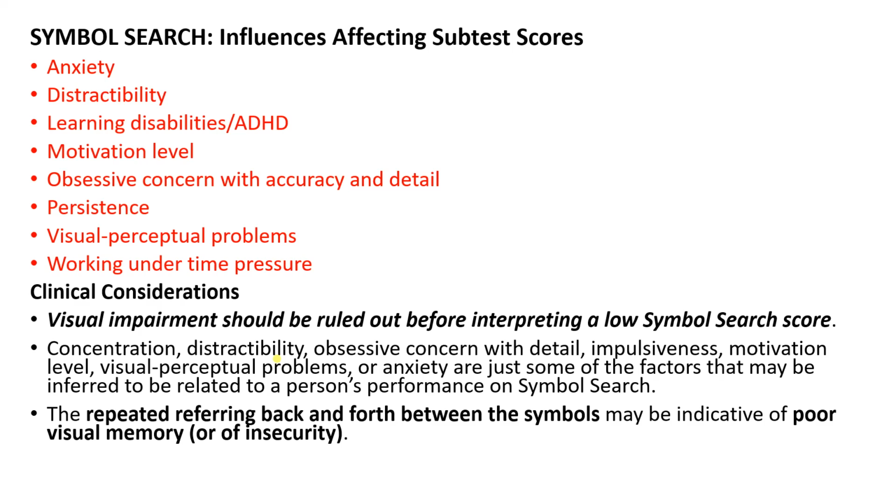The other likely interpretation is that because of insecurity about whether the response will be correct or incorrect, this feeling may also give rise to this type of behavior, that is, referring back and forth between the symbols. So these are a few indicators. There are many more.